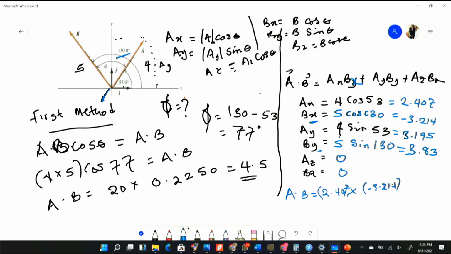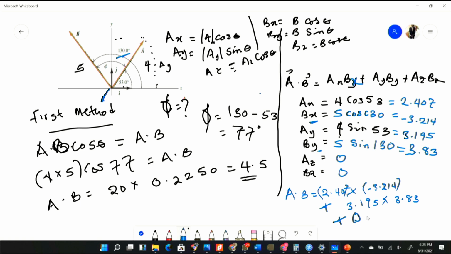So everything in brackets, plus our AY, which is 3.195, multiplied by our corresponding BY, which is 3.83, plus our Z components, which are 0.